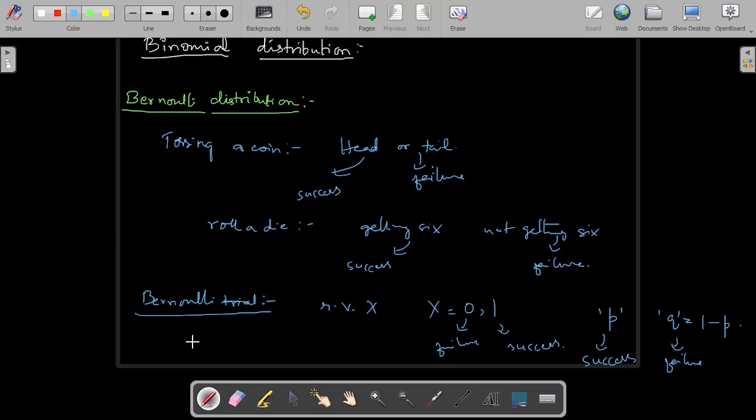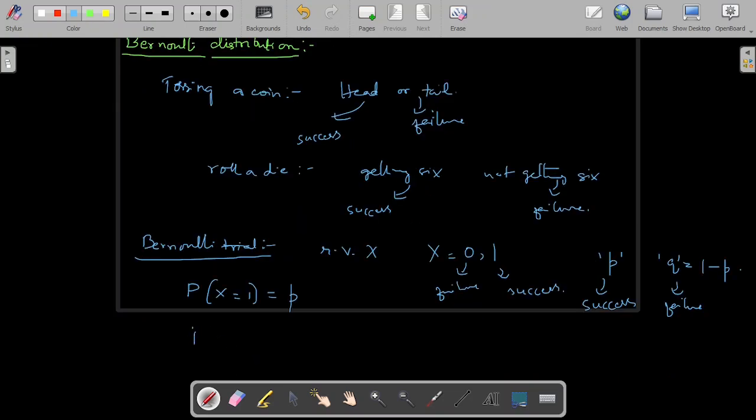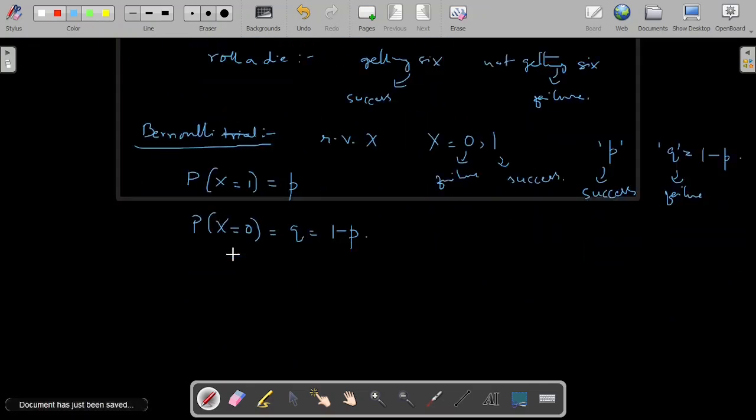So, the probability of X equal to 1 is small p. The probability when X equal to 0 is equal to q, which is nothing but 1 minus p. This kind of experiment is called a Bernoulli trial, and the probability distribution with respect to this kind of trial is called a Bernoulli distribution.